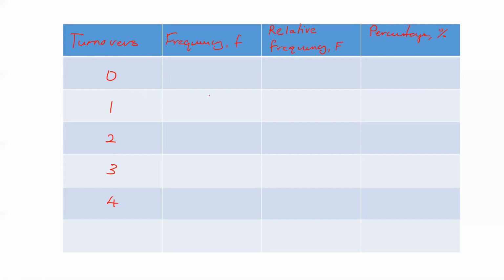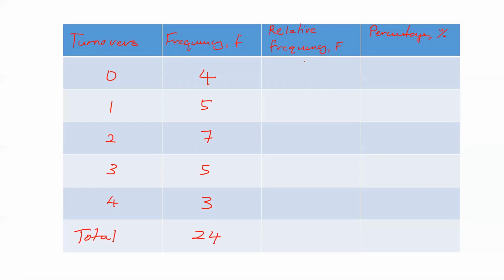Now, in the data, there are four zeros, then 1 appears 5 times, 2 appears 7 times, 3 appears 5 times, and 4 appears 3 times. So the total is 24. You can total up the outcome for each row.